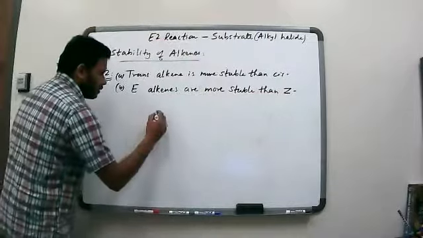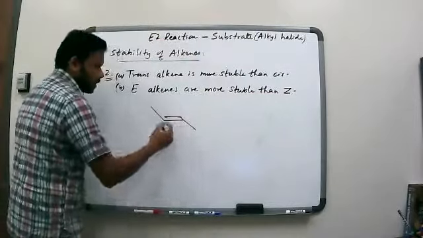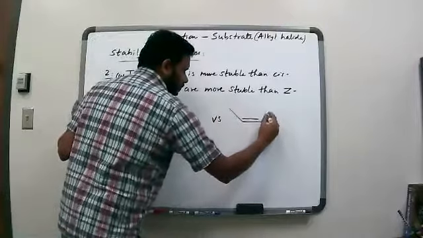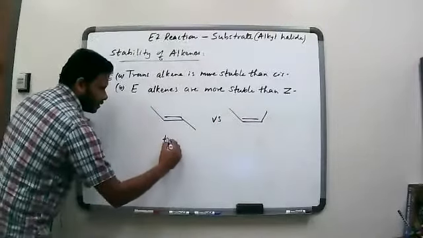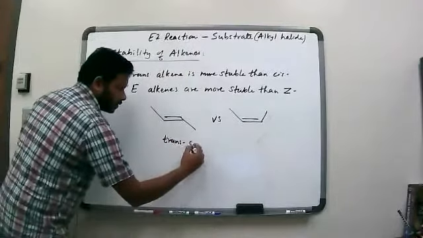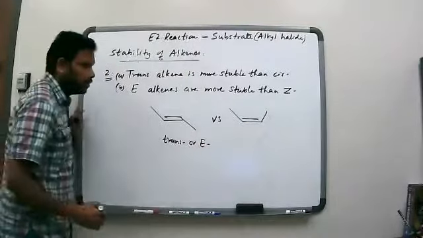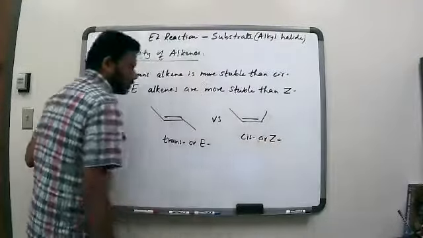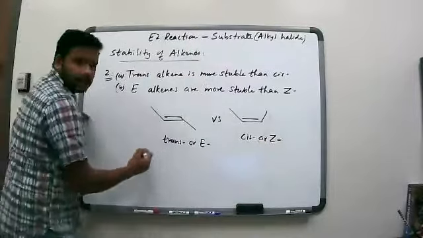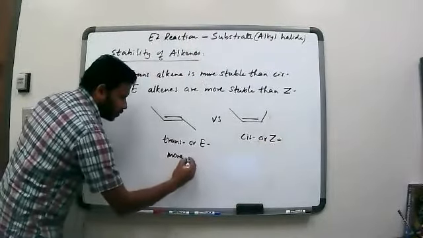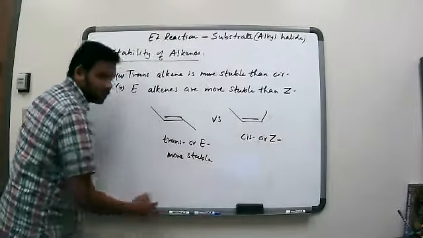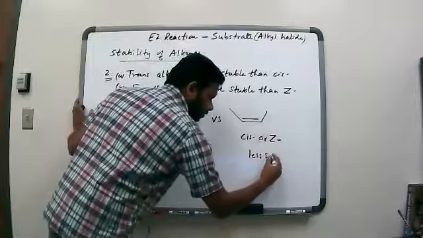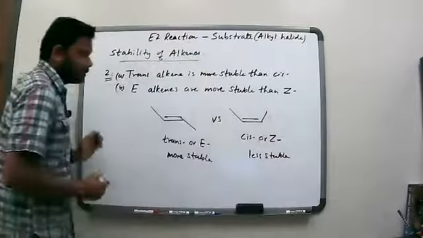So when we were looking at di-substituted alkenes, when we have a trans, now in this particular case, this is also E compared to cis or Z, the trans alkene is more stable compared to the Z alkene.